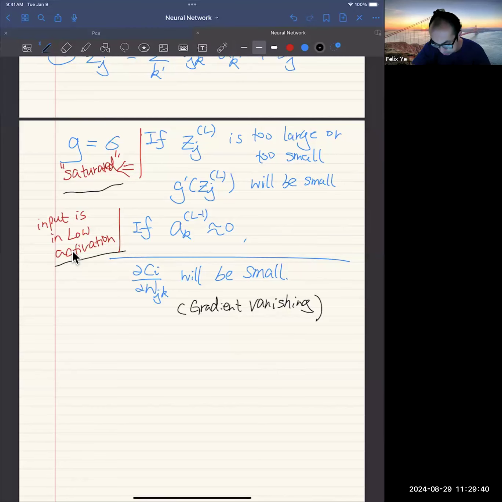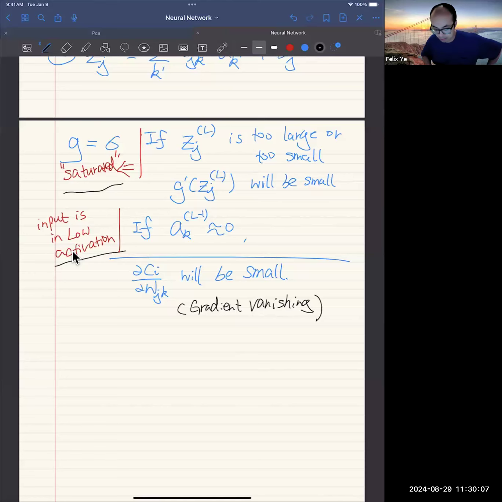The other way is to use a skip connection, using the idea of the ResNet, which means we only need to multiply a smaller number of terms, and then the gradient vanishing problem could be significantly lowered.